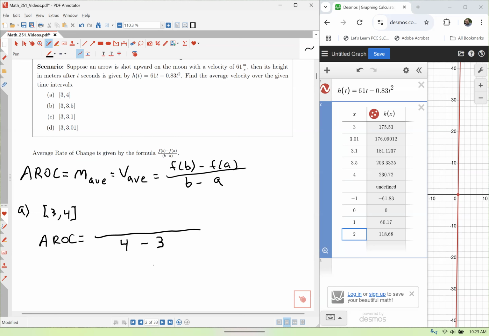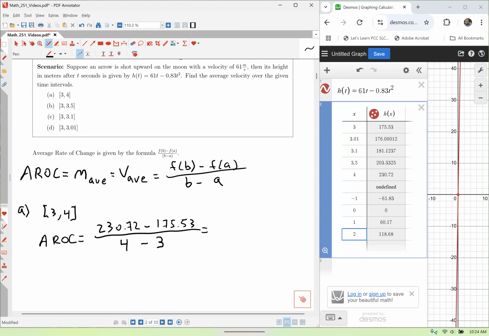And then on the top, I'm going to put the corresponding y values. So that's a y value of 230.72 for 4, using this table that I just came up with. And for 3, I have 175.53. I'm going to type this into a calculator and see what I get.